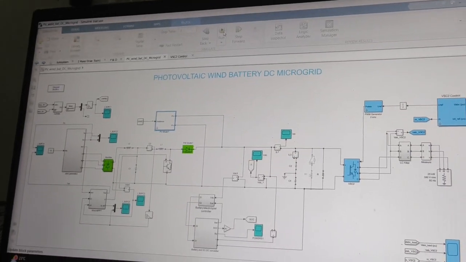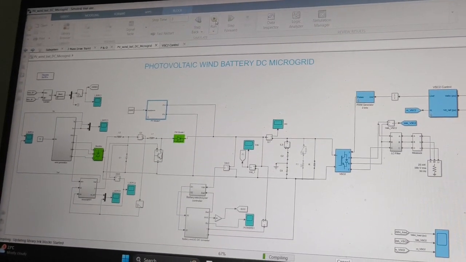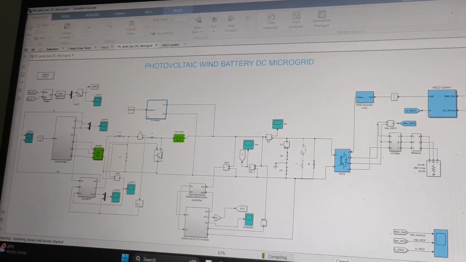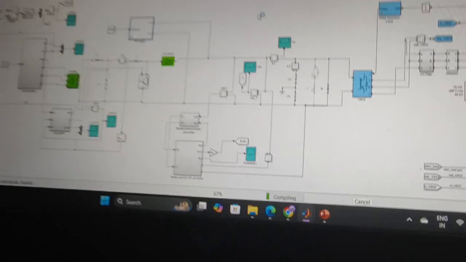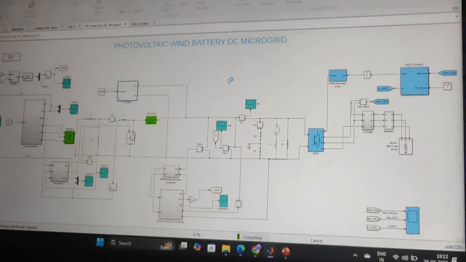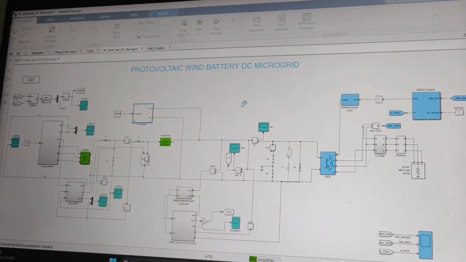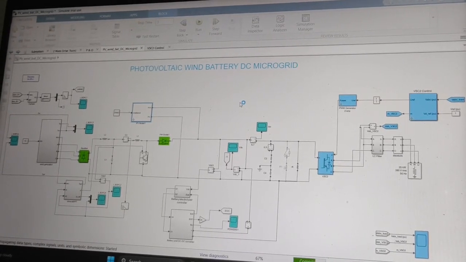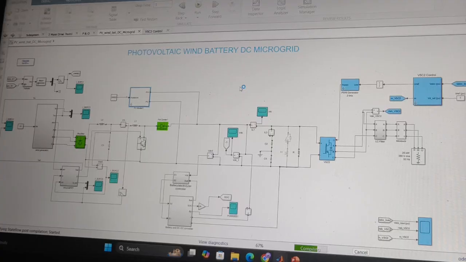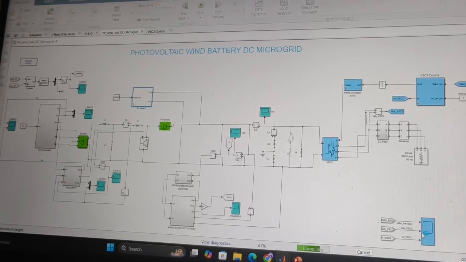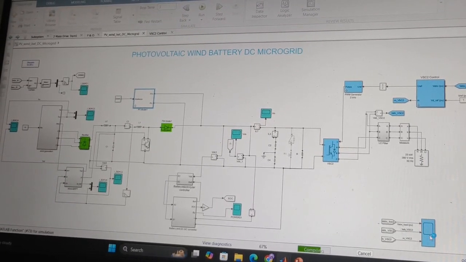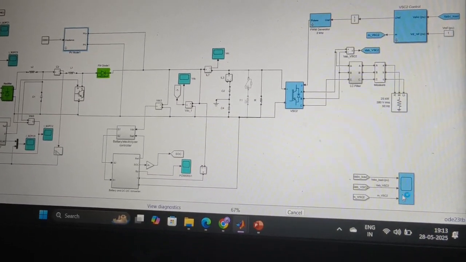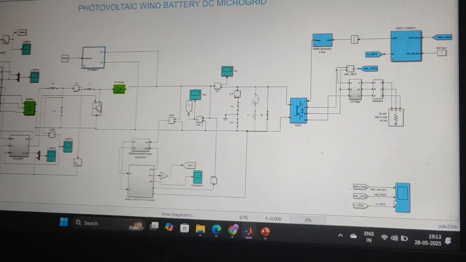Here it is running. Yes, it's compiling. You can observe the output scope.